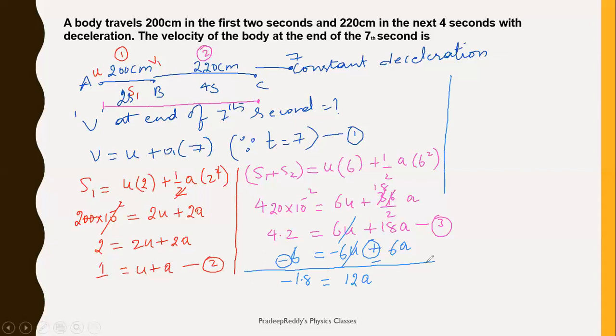And this gives you acceleration as a is equal to minus of 1.8 divided by 12, and it is in meter per second square. So a is equal to minus of 18 by 12 into 10 power minus 1.